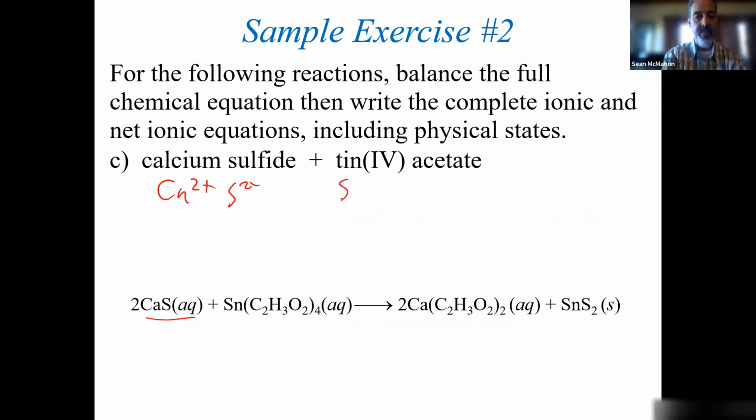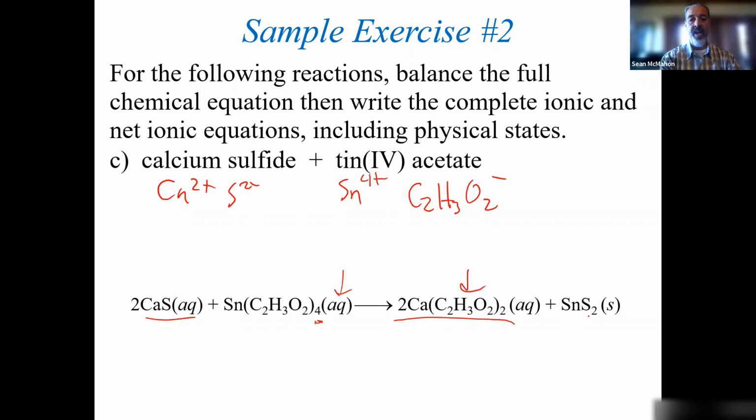Tin 4 acetate, tin, or in this case, stannic, tin 4 acetate, C2H3O2 minus, crisscross, I need 4 acetates. Acetates are always soluble. Okay, on this side, acetates are always soluble, but what do I have? Sulfides tend to be insoluble, and tin is a heavy metal, it precipitates out.